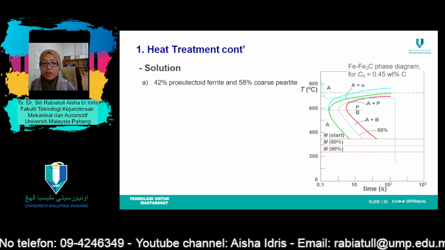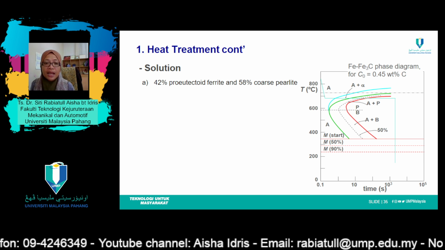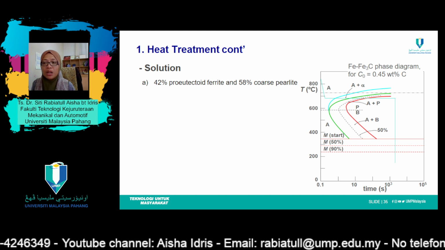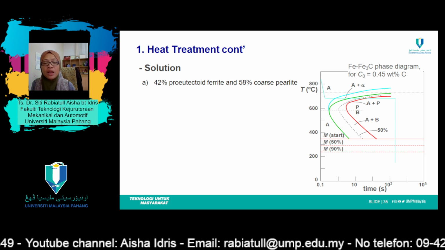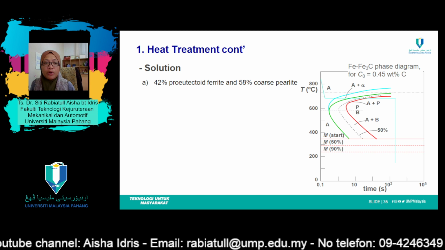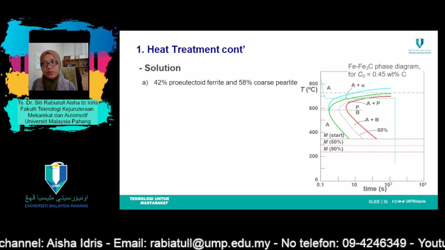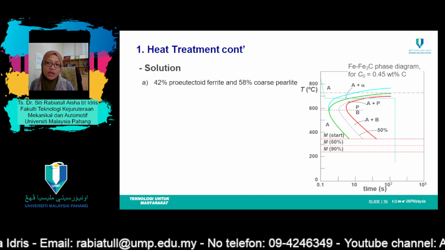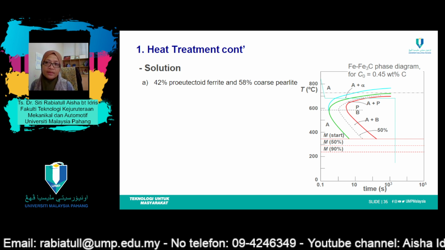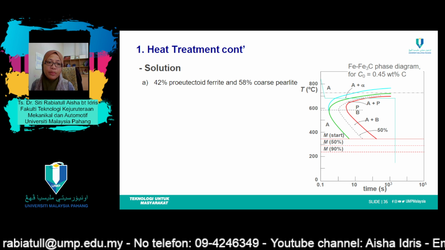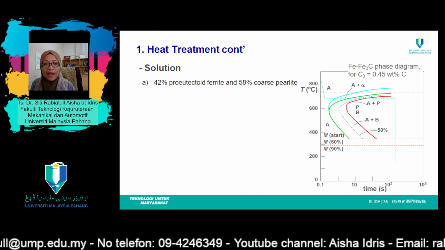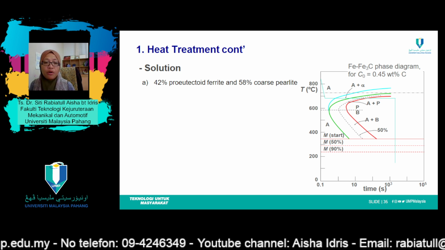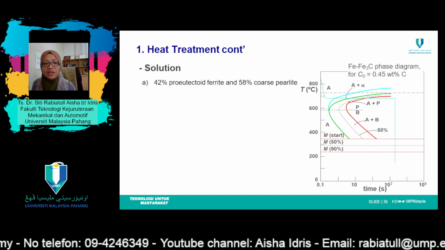And we use the lever rule in conjunction with a tie line that extends from the alpha to alpha plus cementite phase boundary, which is 0.022 weight% of carbon, to the eutectoid composition, which is 0.76 weight% of carbon, inasmuch as pearlite is the transformation product of austenite having this composition.